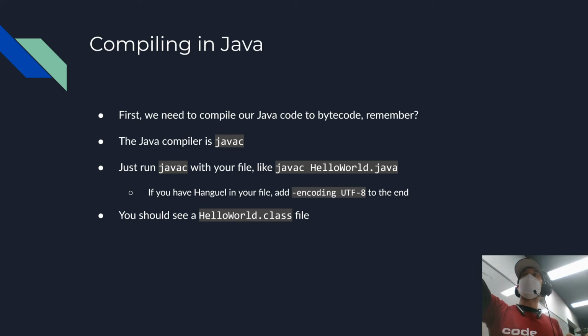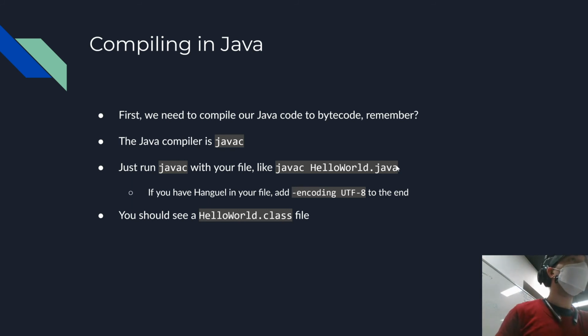Actually, I'm sorry, one more thing. If you have any special characters in your file, you need to do an extra step, okay? You do javac with the name of your Java file. If you type this, javac will find that file, read it, and then transform it into the binary bytecode, the ones and zeros that we need. And it'll create a file for us.